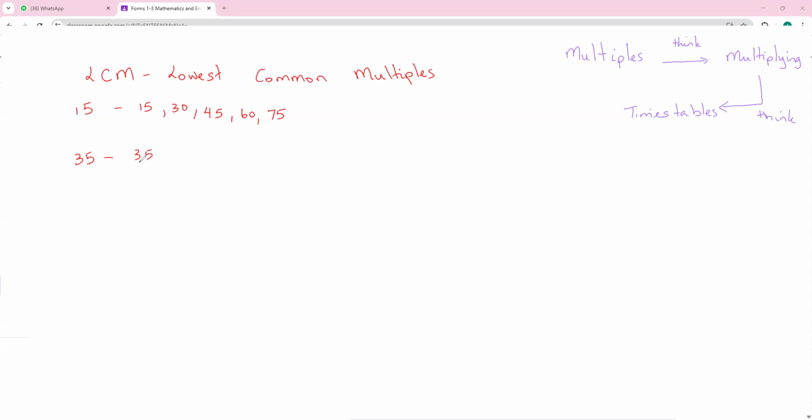35, you're looking at the 35 times table. So if you are able to use your calculator, you just keep adding the same number. So 35 and 35 is the same as 35 times 2, that's 70. Then 105. So you just keep adding the number.